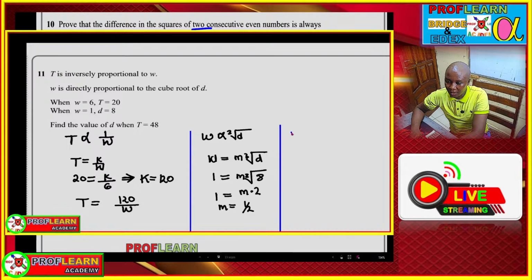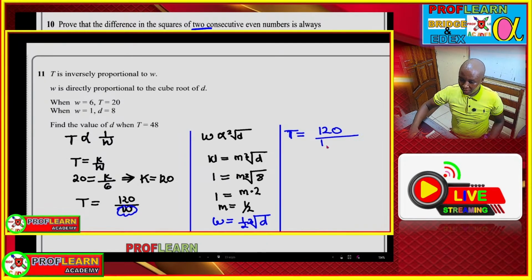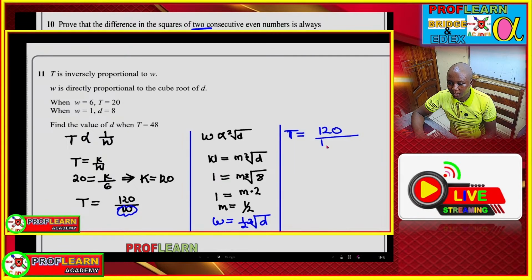So meaning that t can be written in terms of d, so this is going to be over w, but w is going to be what? A half cube root of d, which means that in this place where we have w in t, we can replace it with a half cube root of d. So basically that's what we're going to have.